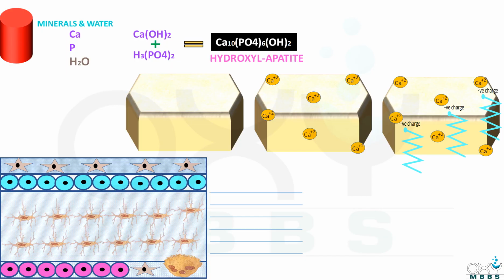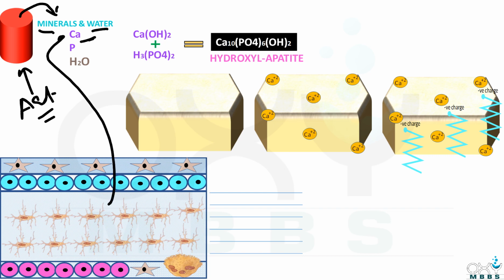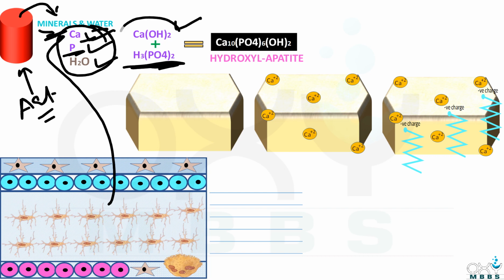Now friends, let's talk in more detail about the hydroxyapatite. So this is the artery which is supplying blood to the bone, and as you know, blood vessels contain minerals and water, and mainly bone needs calcium and phosphorus as minerals. So all these elements, calcium, phosphorus and water together form calcium hydroxide and this H3PO4 molecule, and within the bone these two compounds react with each other and form this hydroxyapatite.